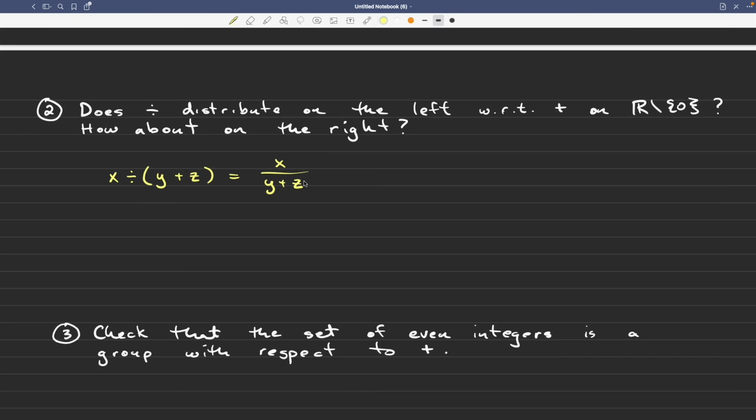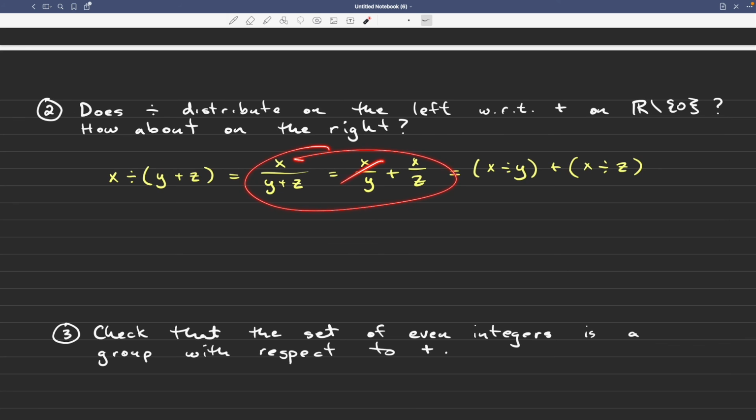But in order to distribute it, it would need to look like x over y plus x over z, which I don't think is the case. That would be x divided by y plus x divided by z if I had left distribution. But we know that's not how fractions work.